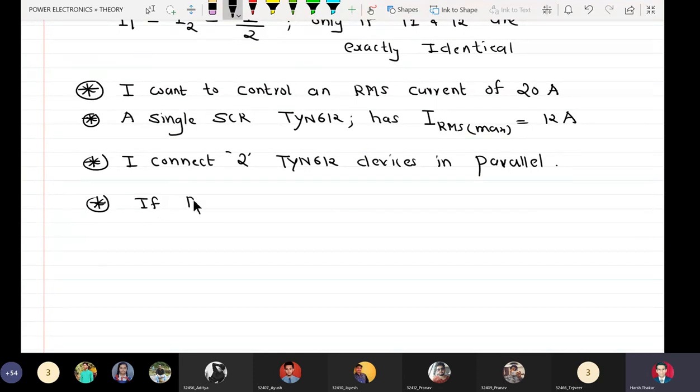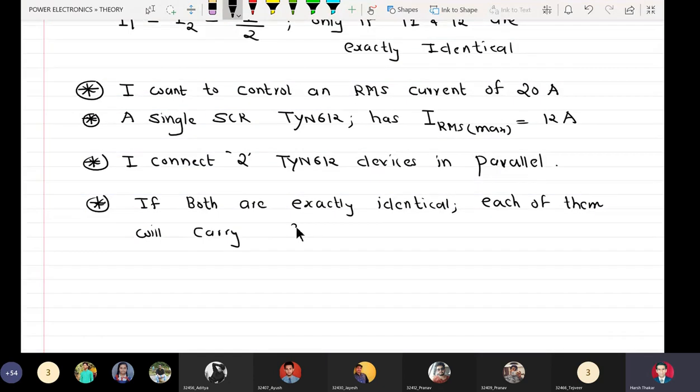and if both are exactly identical, each of them will carry 20 amperes by 2 equal to 10 amperes of RMS current.